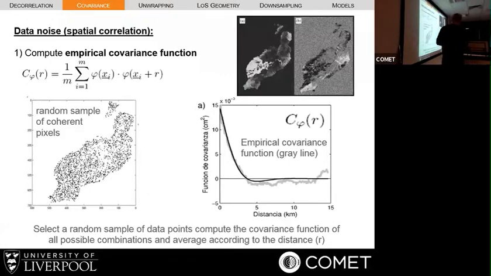And how the noise can be realized, or how to create multiple samples of noise that have the same characteristics as the observed interferogram, is to multiply this variance-covariance matrix by a random sample, so a random matrix. And you can generate many, many random matrices multiplied by the same variance-covariance matrix, and you will generate multiple times noise that behaves the same as you have observed, but is slightly different.